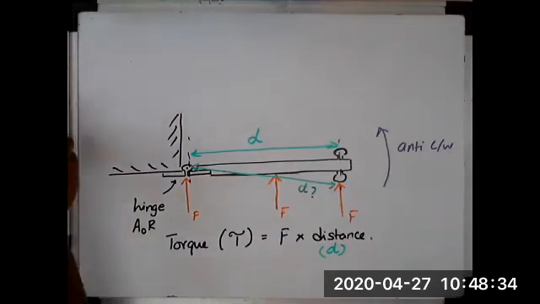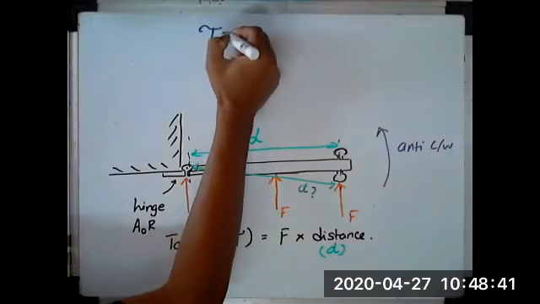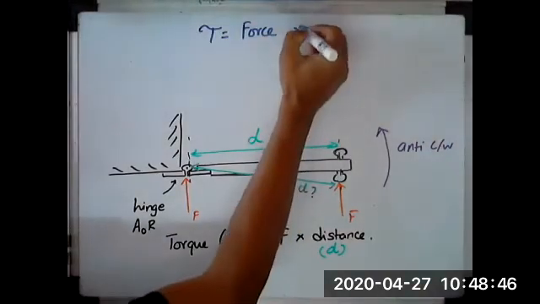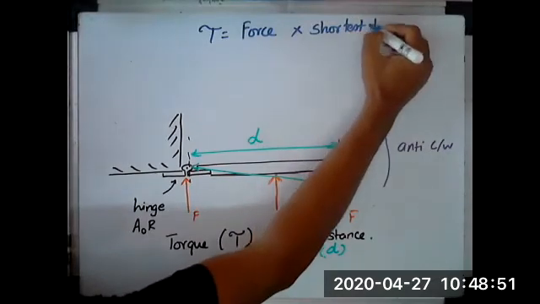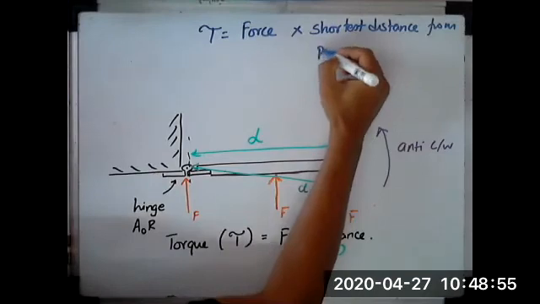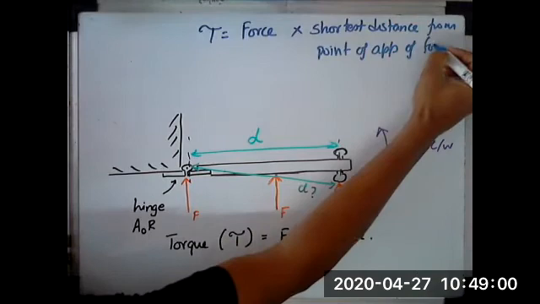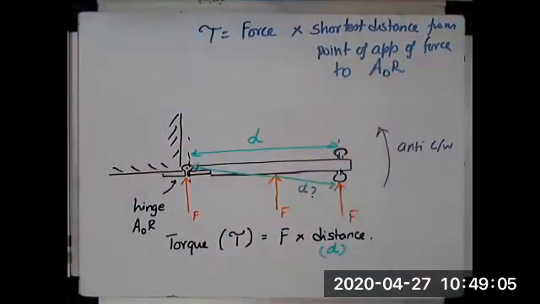So there is a suggestion from somebody that the torque will actually be the force times the shortest distance from the point of application of force to the axis of rotation. Okay, so that's what is being suggested.